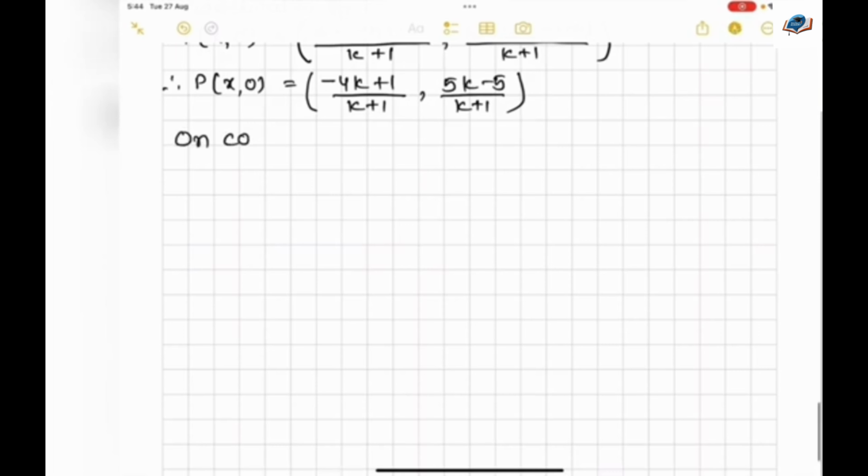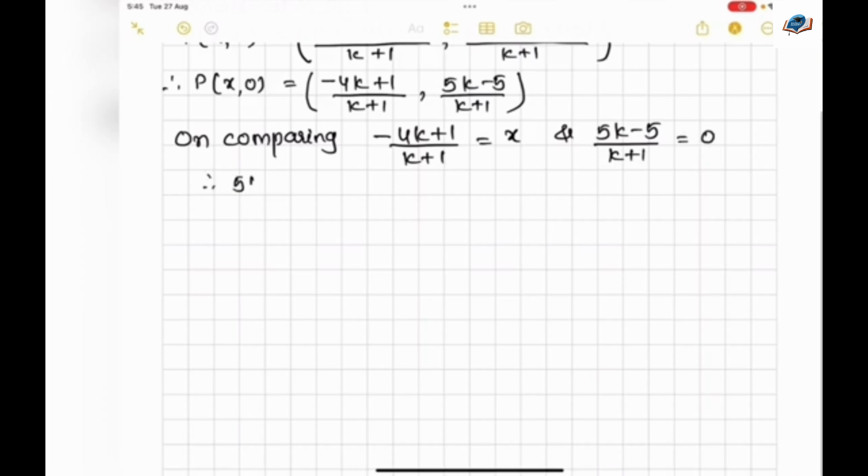On comparing, (minus 4k plus 1) upon k plus 1 equal to x and (5k minus 5) upon k plus 1 equal to 0. So therefore 5k minus 5 will be equal to 0 into k plus 1. So 5k minus 5 equal to 0. So 5k equal to 5.